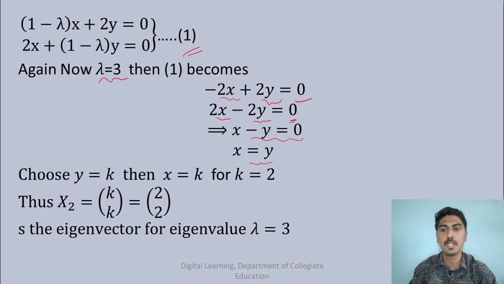If you choose y equal to an arbitrary k, then you get x equal to k. You can take any values for k, but I prefer to take either 1 or 2. If I take k equal to 2, I get the eigenvector x2 as 2 comma 2. This is the required eigenvector corresponding to the eigenvalue lambda equal to 3.